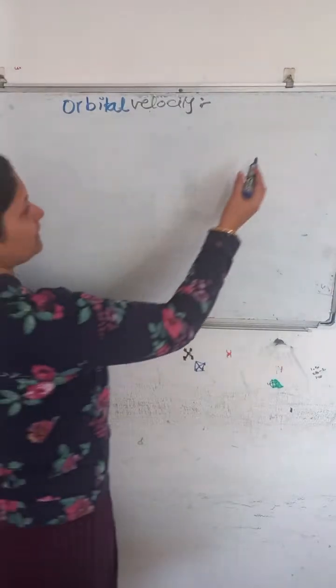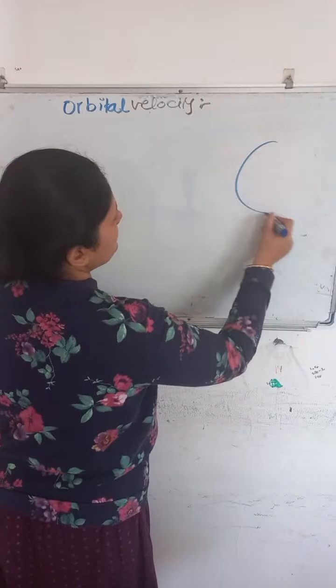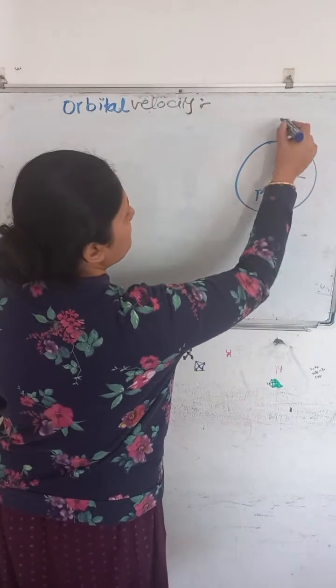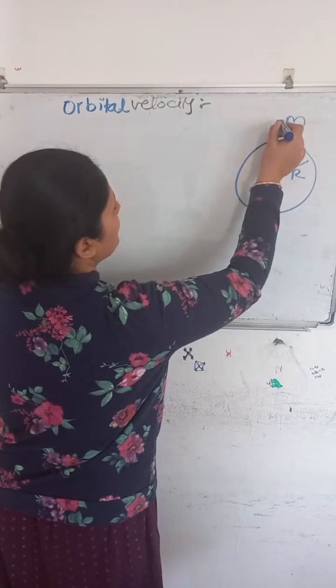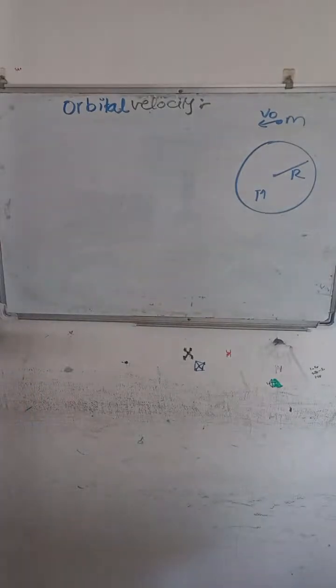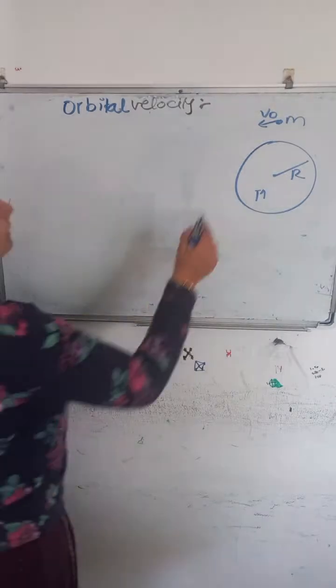Suppose this is the earth having mass M and radius R, and the body of mass m is revolving with orbital velocity v naught at a certain height h from the surface of the earth.